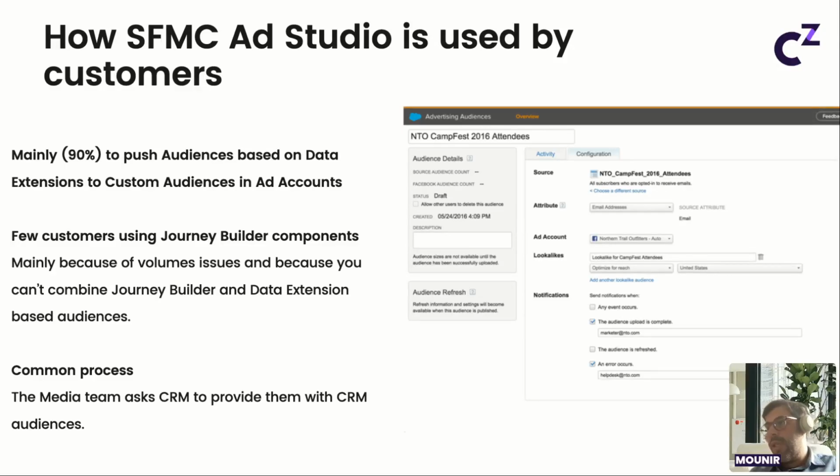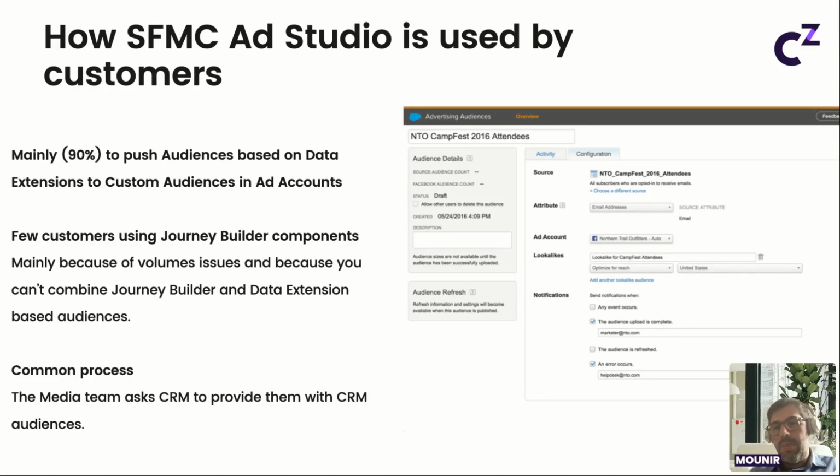You can't work with an advertising audience of less than 1,000 records matched on the destination, which means that for a lot of customers, and specifically for highly targeted journeys, they don't reach the threshold, and that's why there are very few customers using the Journey Builder components. And again, they're mainly using the ad audience one for this. They're not using the ad campaign component.